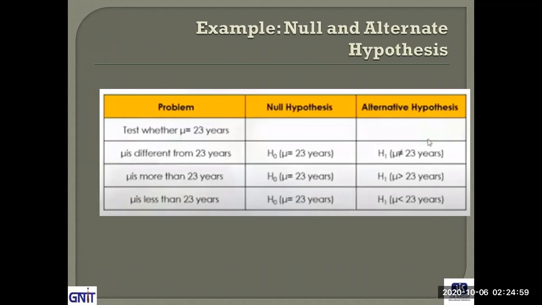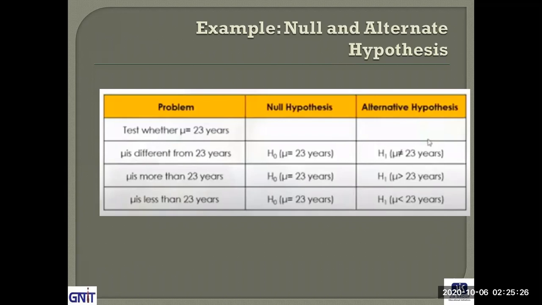Alternate hypothesis, mu is greater than 23 years. That means it may be 25 years. Third line, mu is less than 23 years. So here also, for null hypothesis, you will find mu equal to 23 years. And for alternate hypothesis, you will find H1, if mu is less than 23 years.